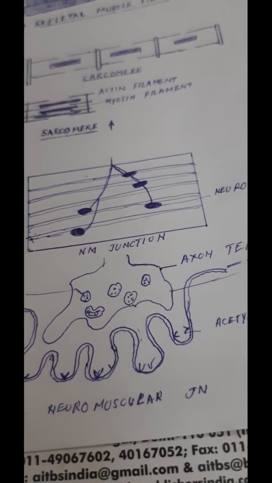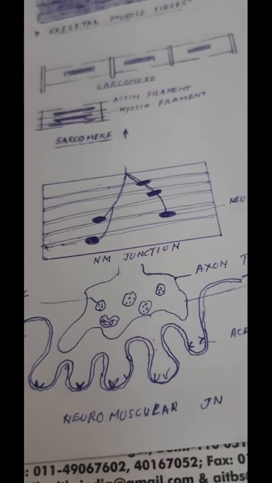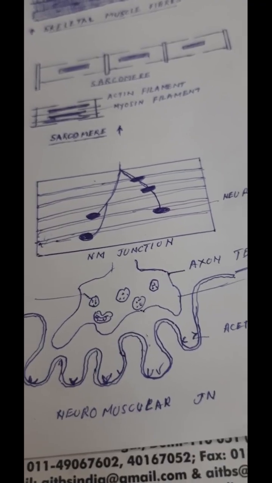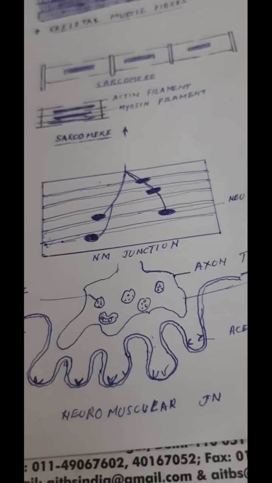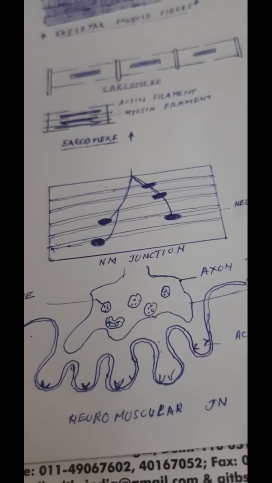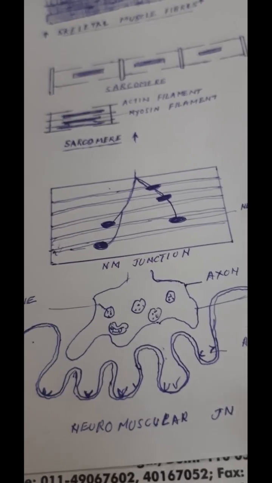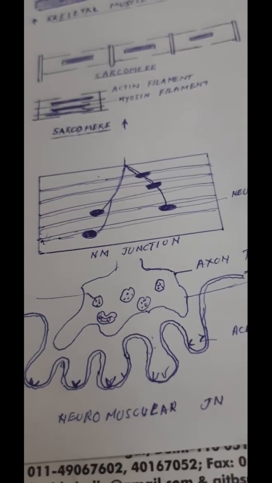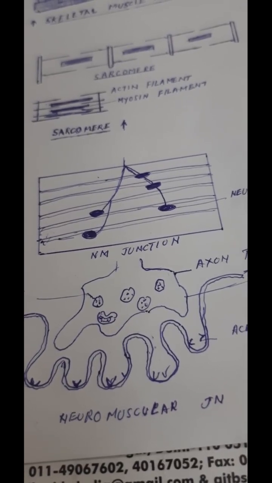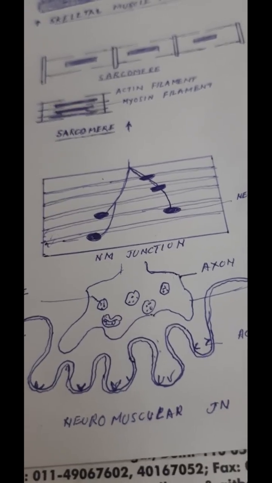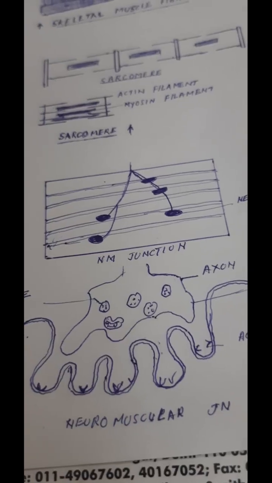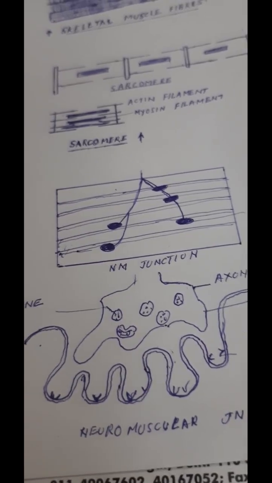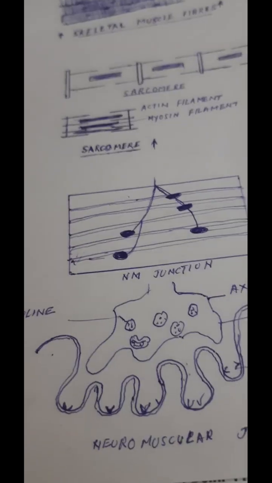Once the impulse comes to these microvesicles, the terminal buttons, acetylcholine is released. The acetylcholine comes in contact with the receptors here, and the muscle fiber contracts, and this is known as depolarization. And then acetylcholine disappears, and thereafter it comes back to its resting position, to the resting membrane potential. Is that right?